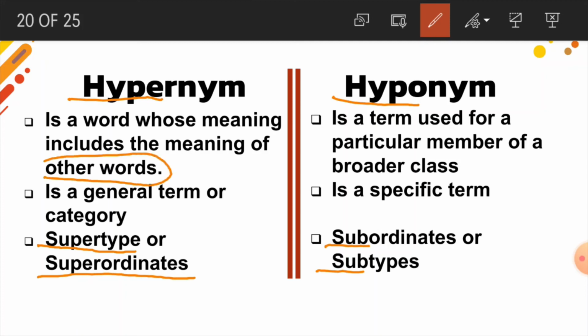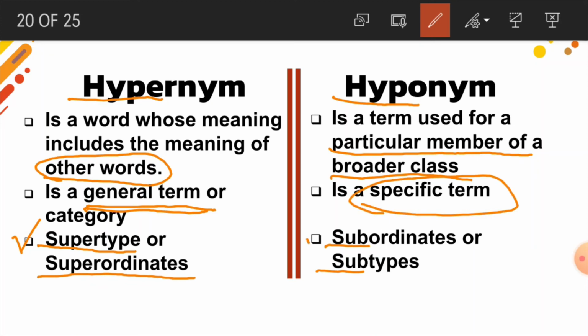It is a general term or category, a supertype or superordinate. A hyponym is a term used for a particular member of a broader class. It is a specific term, and it is subordinate or a subtype. So let me explain it with the help of an example.